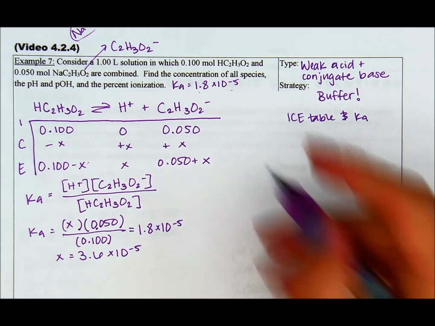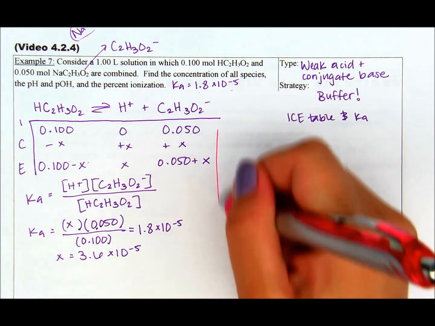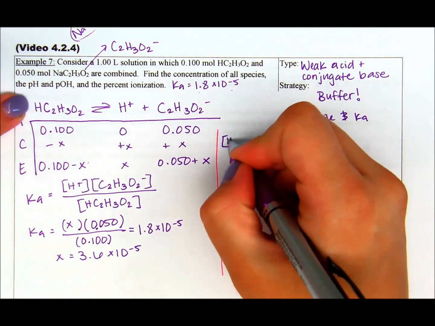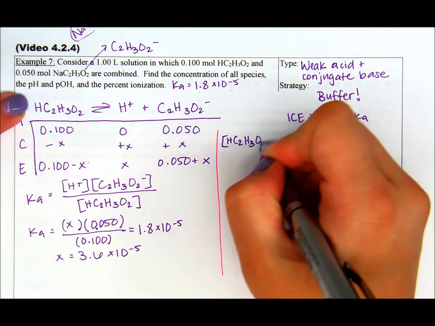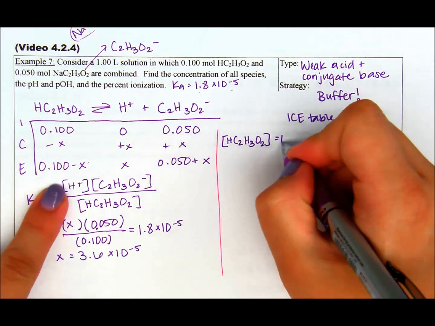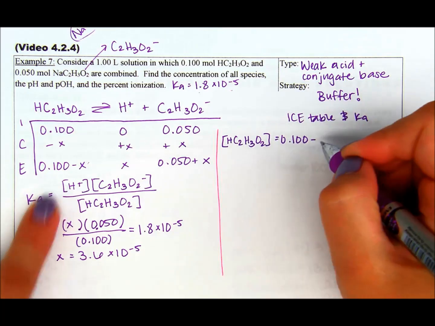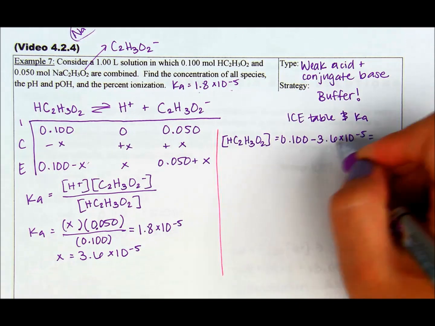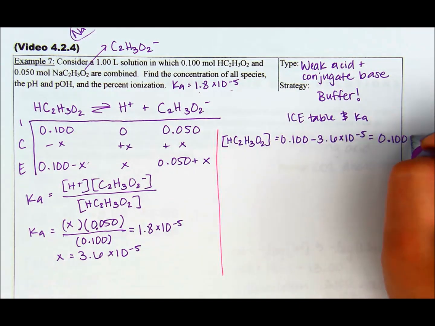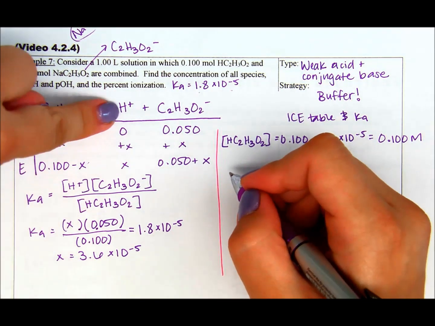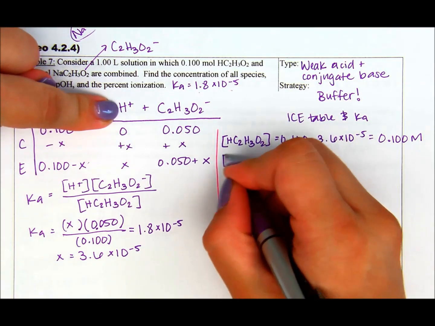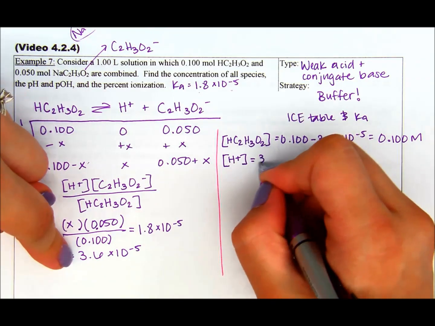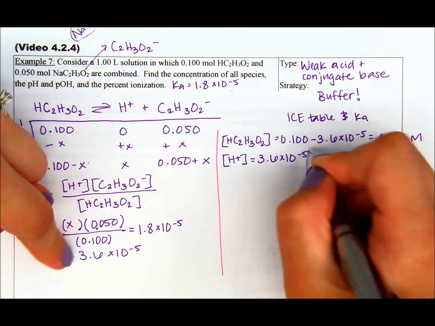Alright, so coming back, let's go ahead and solve all of these. I'm going to write my line so I stay separated. First, the concentration of HC2H3O2 equals 0.100 minus x, so minus 3.6 times 10 to the negative 5, which, no surprise here, is 0.100 molar still. My concentration of hydrogen ions is just x, so that's 3.6 times 10 to the negative 5.